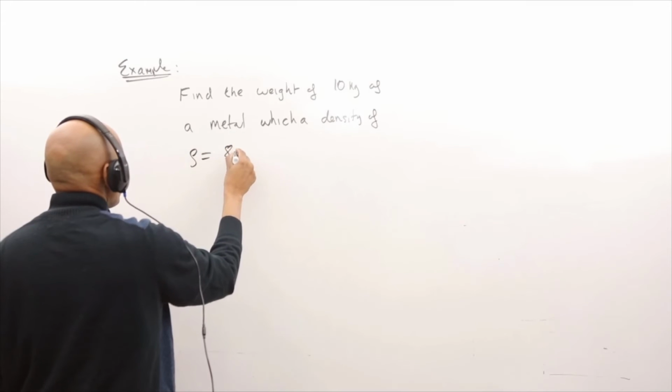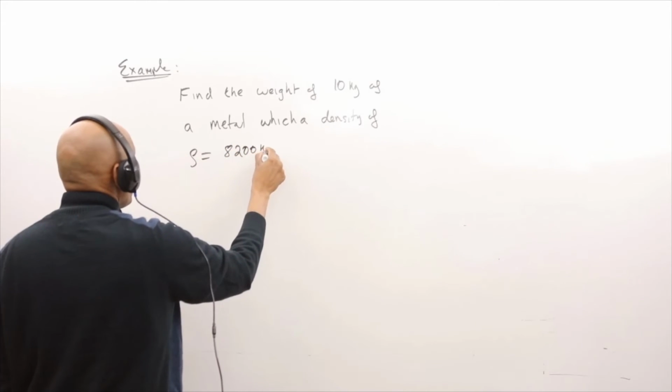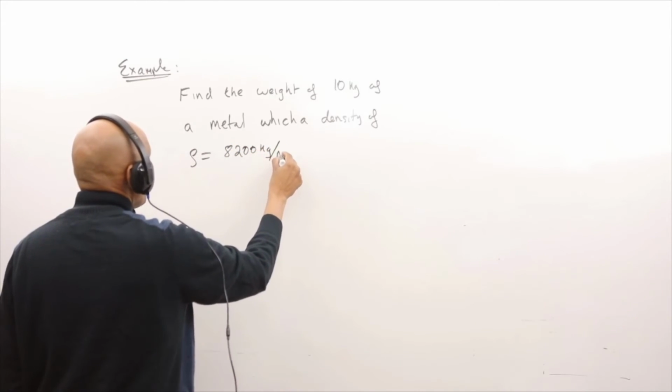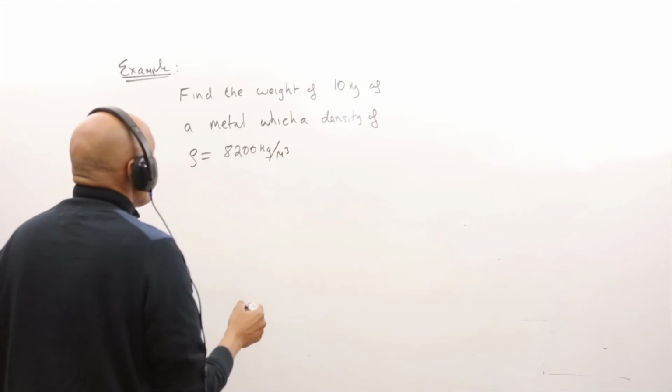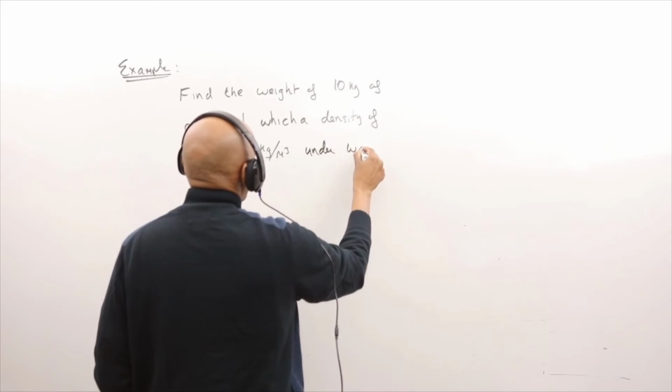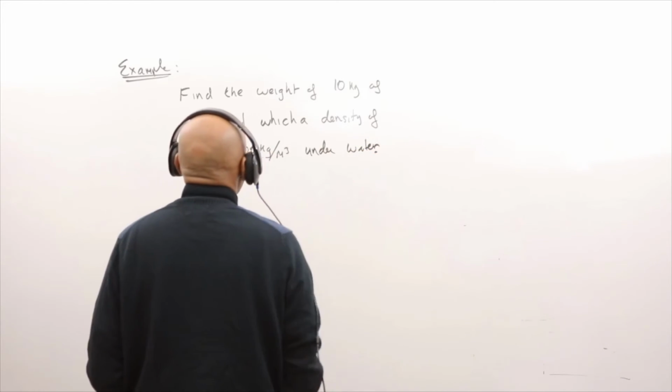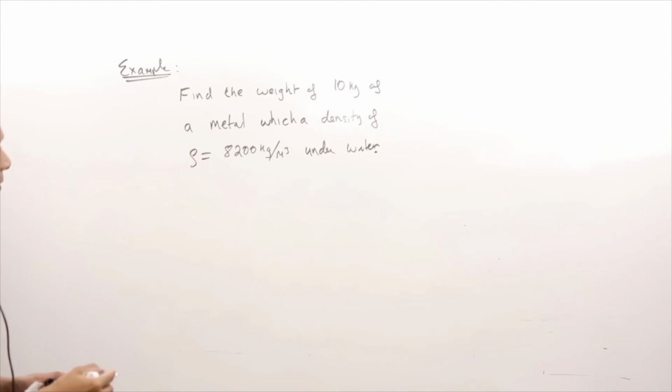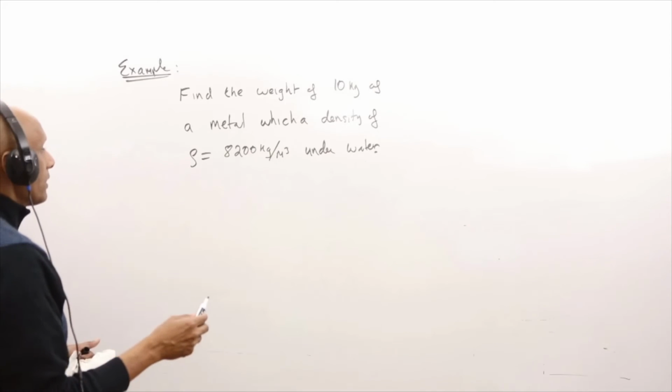Let's make it 8,200 kilograms per cubic meter, under water. So find the weight of 10 kilograms of a metal which has a density of 8,200 kilograms per cubic meter underwater.